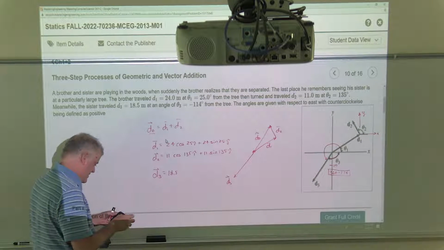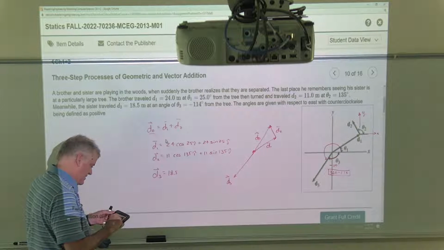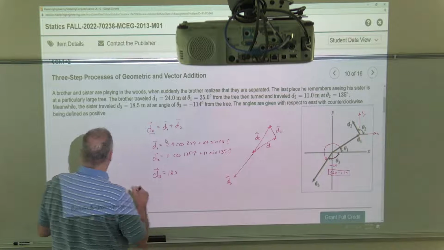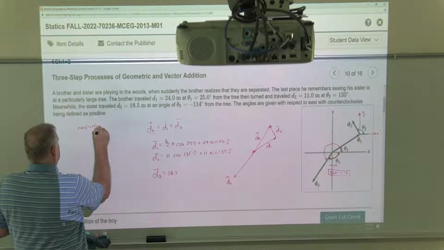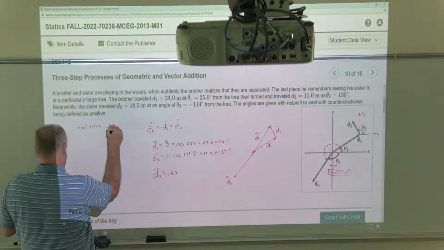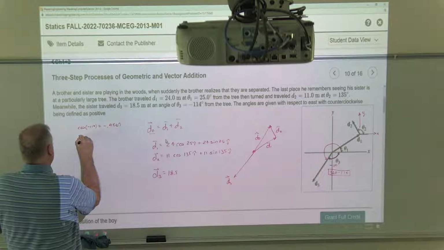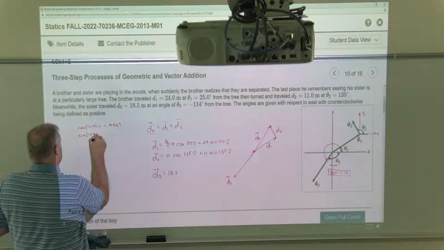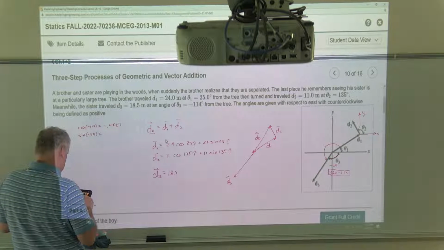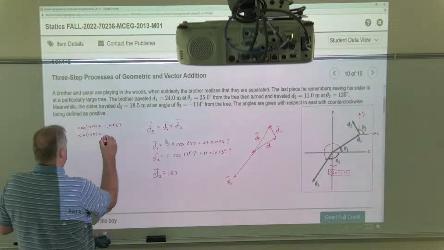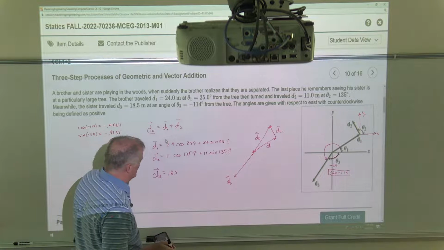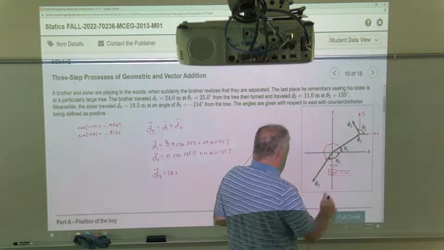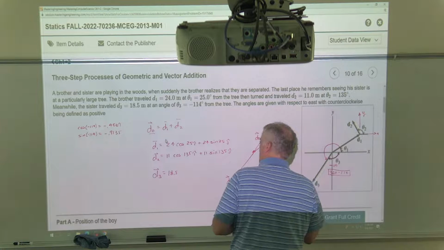Turn the calculator sideways. Cosine of minus 114 is equal to minus 0.4067, just out of curiosity. Sine is minus 0.9135, which makes sense because the vector has to be going in the negative x and negative y direction.